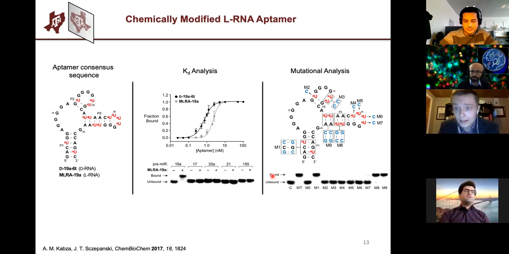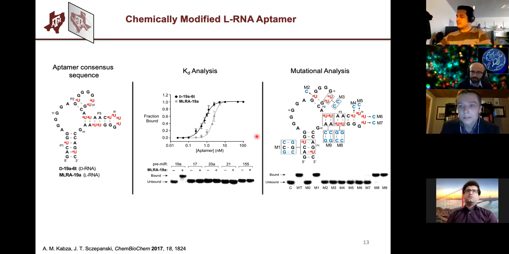All right, so then to prove, or attempt to prove, that these aminoallyl uridines are really necessary for binding, we took the D form of this aptamer and slowly started replacing the aminoallyl uridines with C, or cytosine, nucleobases.